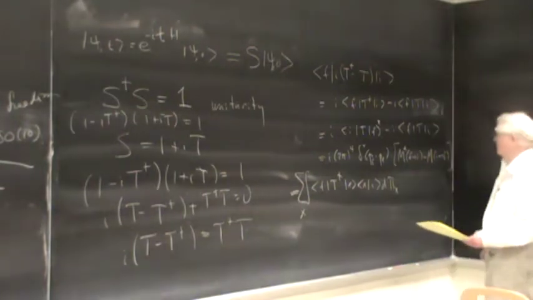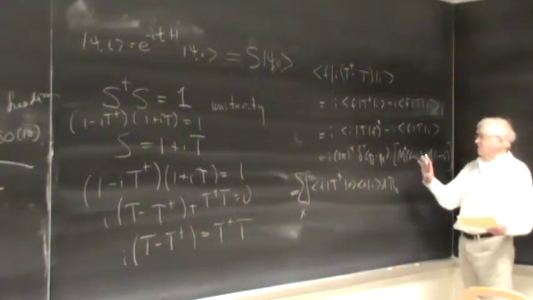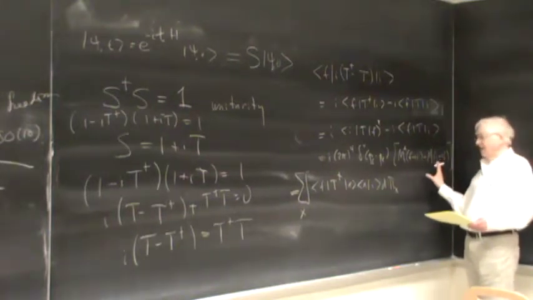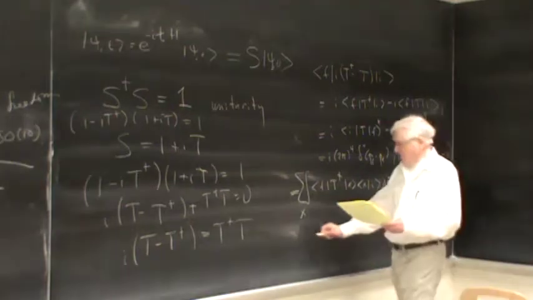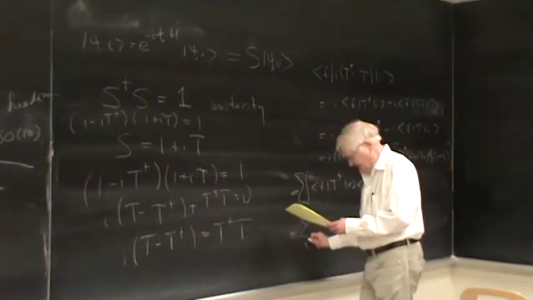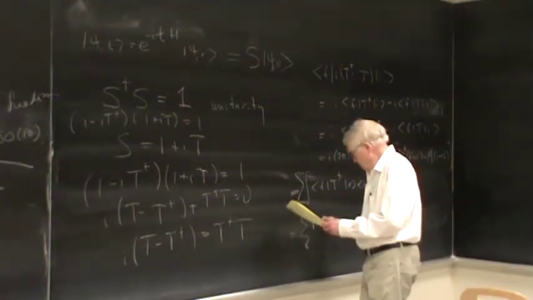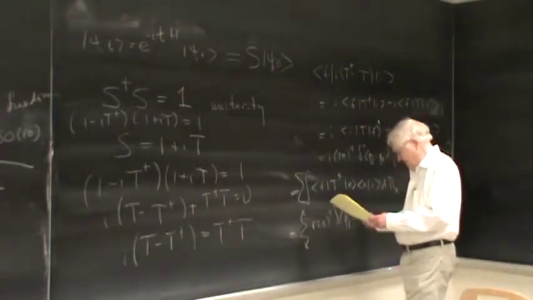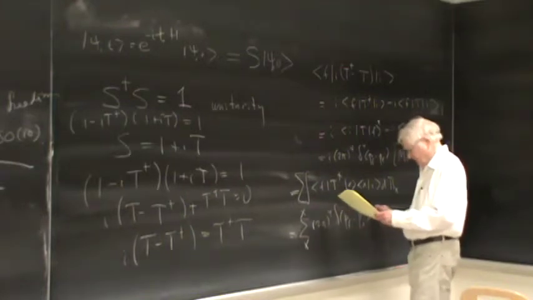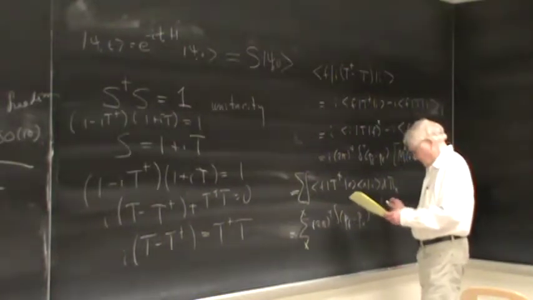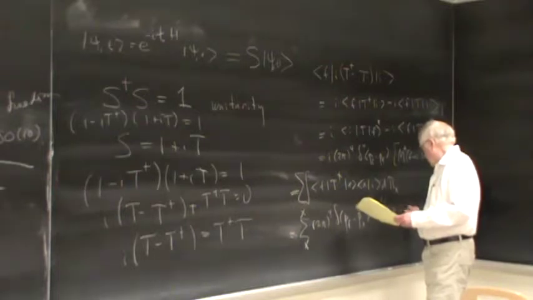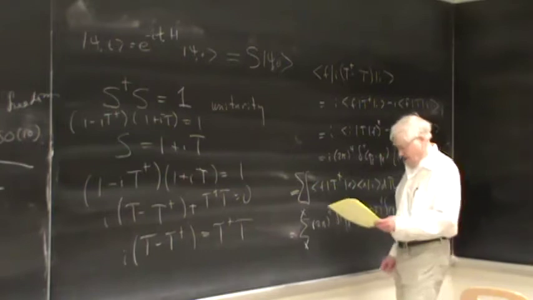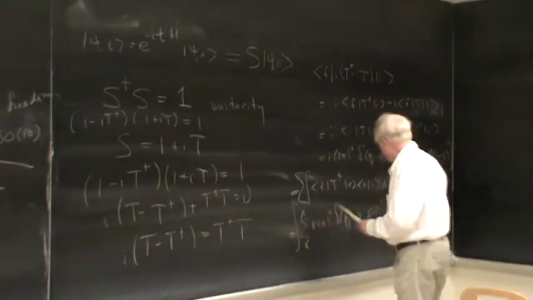And now, if you repeat this connection between the T matrix elements and the scattering amplitudes, what you see is that this is sum over x, (2π)^4 δ(p_f minus p_x), (2π)^4 δ(p_i minus p_x), and I think I better integrate somewhere here.